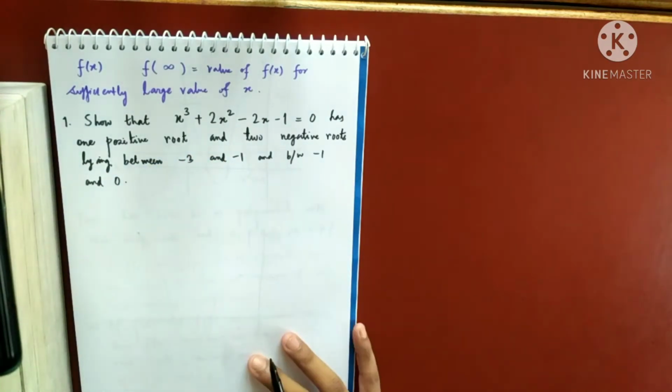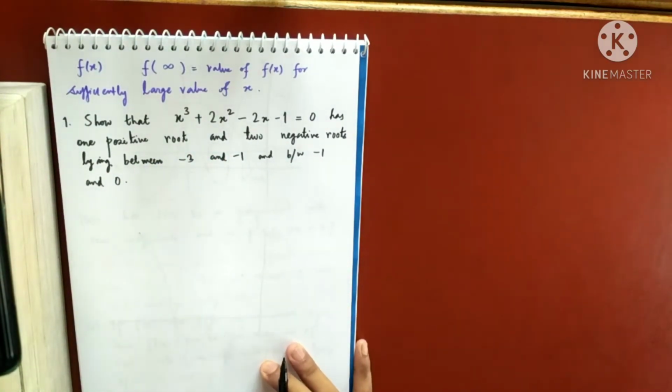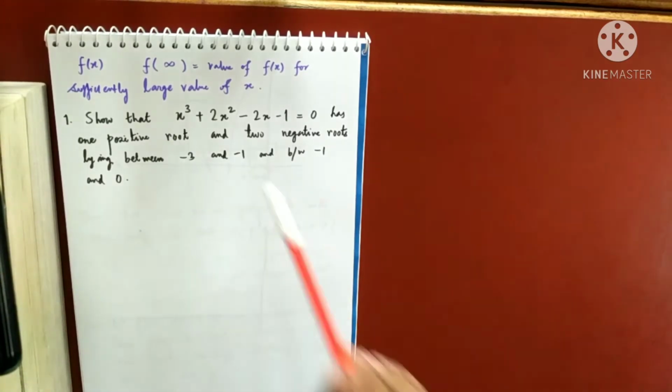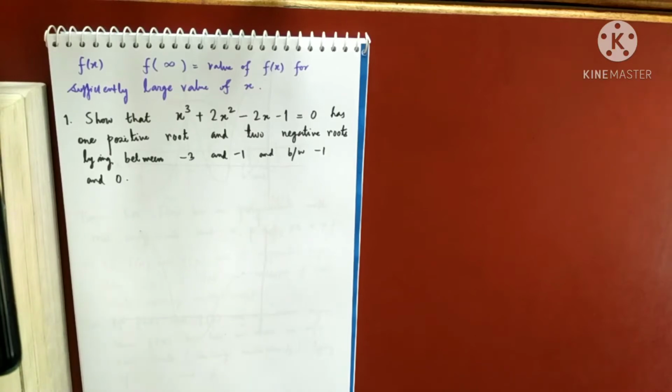So this is my question. Show that this cubic equation has got one positive root and two negative roots, and of the negative roots, one lies between minus 3 and minus 1, and the other lies between minus 1 and 0.